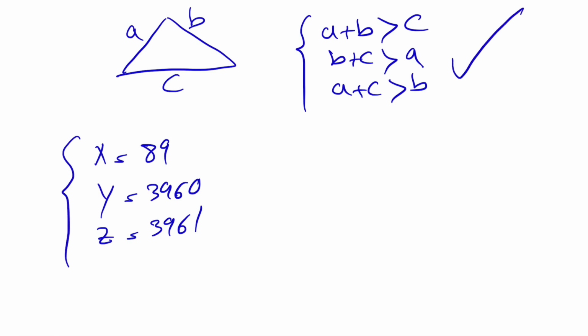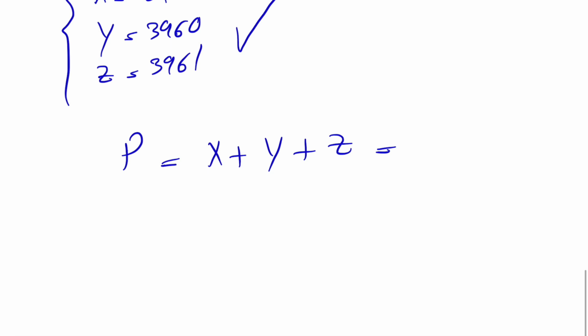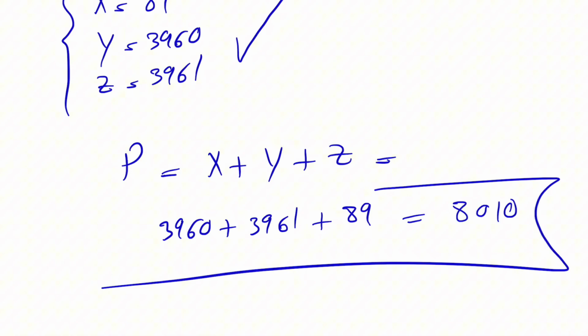If we check, we'll see that this satisfies all of these conditions. To find the perimeter, which is basically x plus y plus z, what we're going to get is 3960 plus 3961 plus 89, which is going to give us 8010, which will be the final answer for this question.